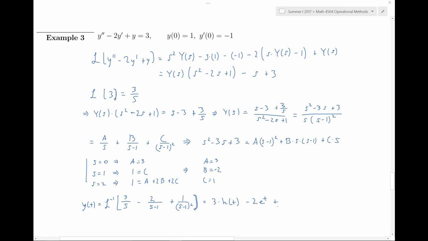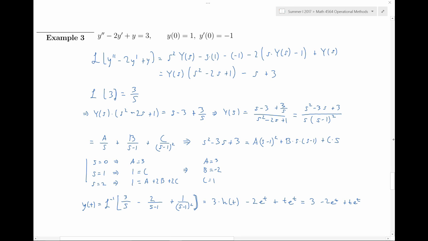So regardless how we look at it, it's going to be the same function that has this Laplace transform, t e to the t. And if t is greater or equal than 0, this turns into simply 3 minus 2 e to the t plus t e to the t.